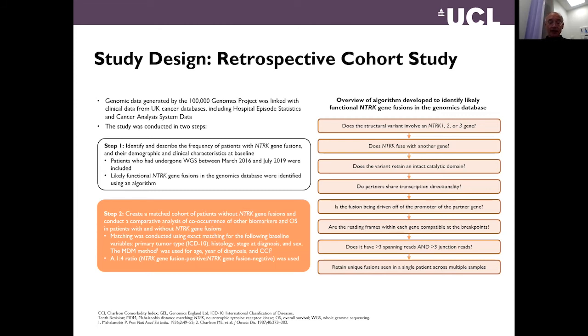And you who work on the data the whole time will know about this infinitely more than I do. Something like 23,000 cancer genomes were sequenced, all between March 2016 and 2019.